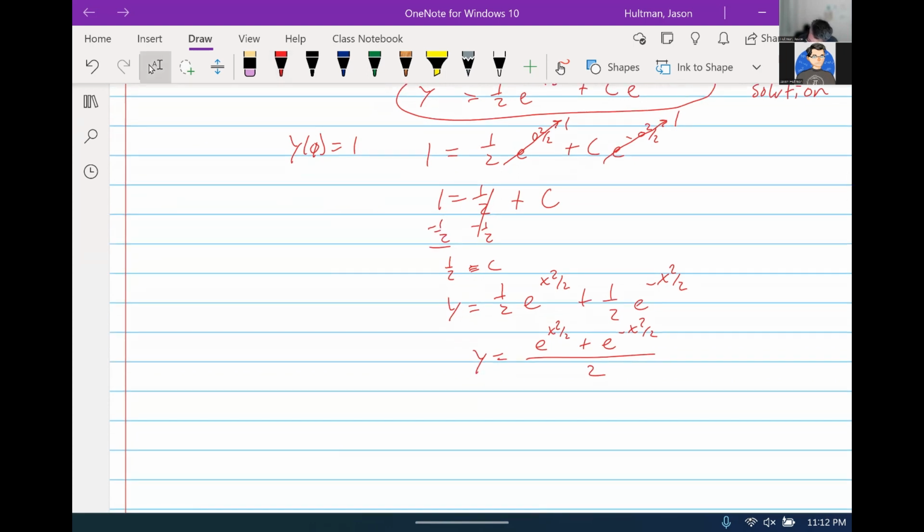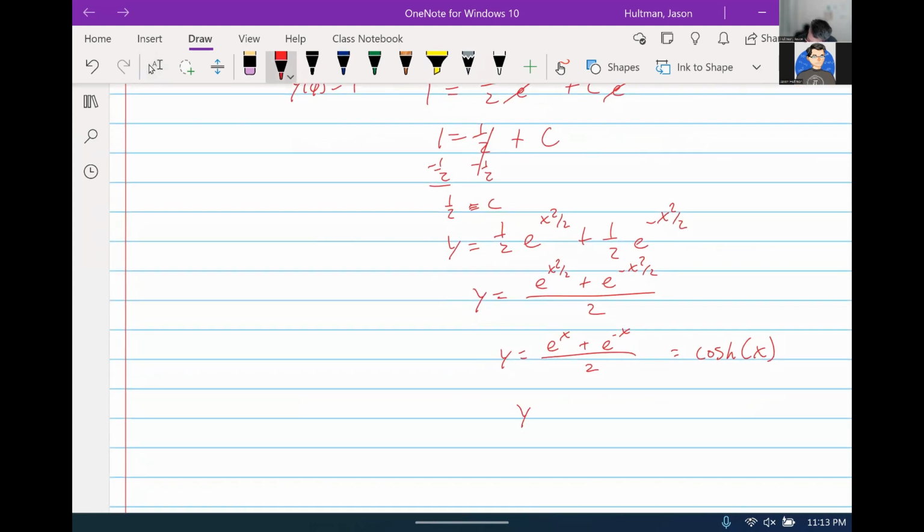Remember, if we have, say, y equals e to the x plus e to the negative x over 2, that is the hyperbolic cosine of x. So instead of the x's, we actually have x squared over 2. And so y is equal to the hyperbolic cosine of x squared over 2. Okay, for that one.